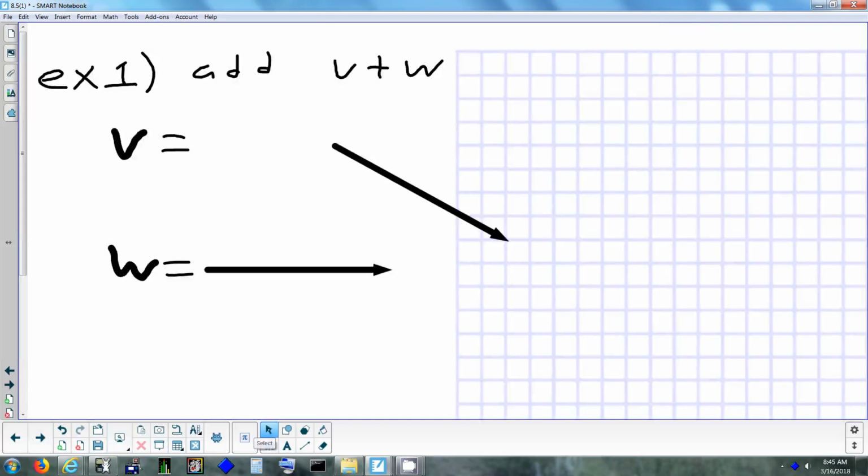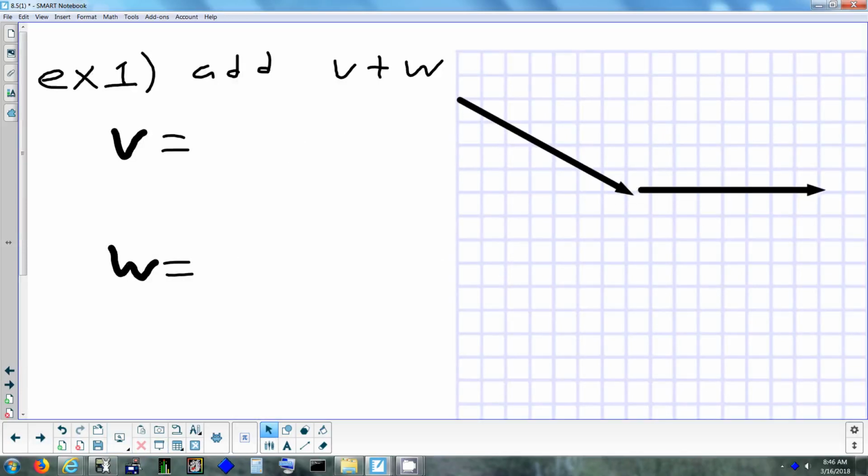So I'll take v, actually I might even put it there. Put v there, then I'll put w on the end of it, and now I'll just draw in my diagonal. Try to draw it as straight as you can. And that's it.